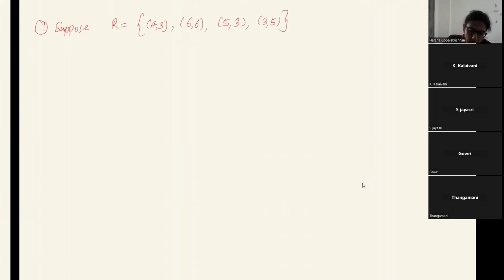This relation R is defined on the set {1, 2, 3, 4, 5, 6}.